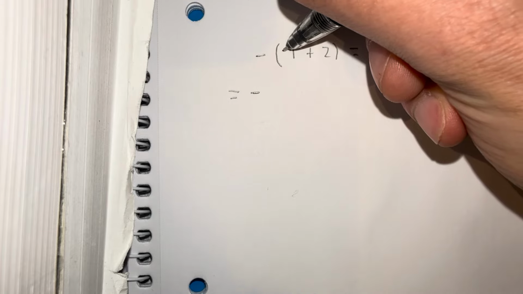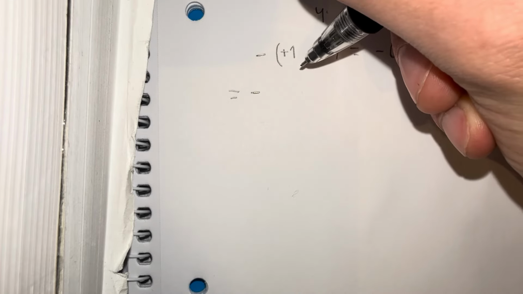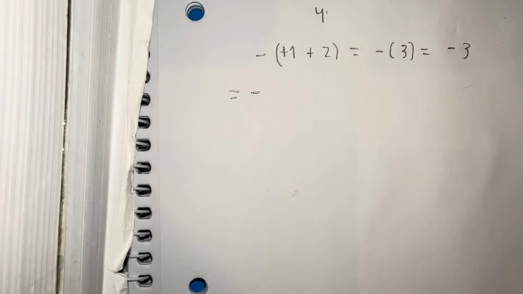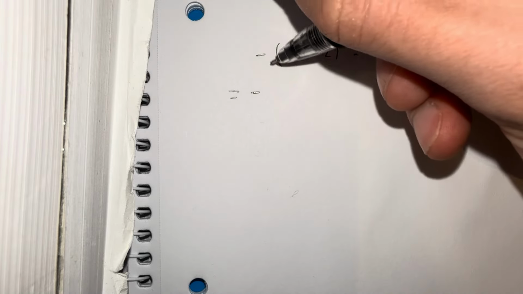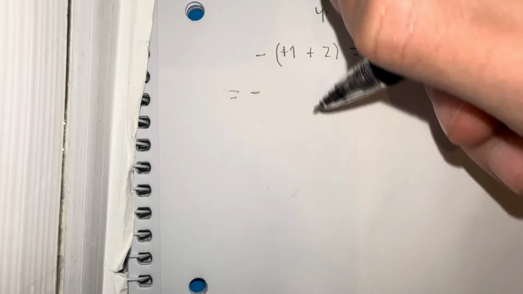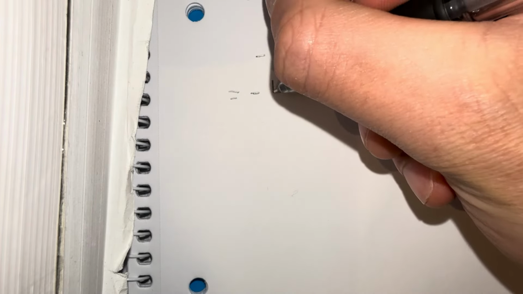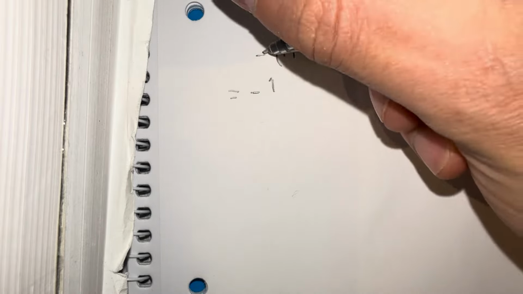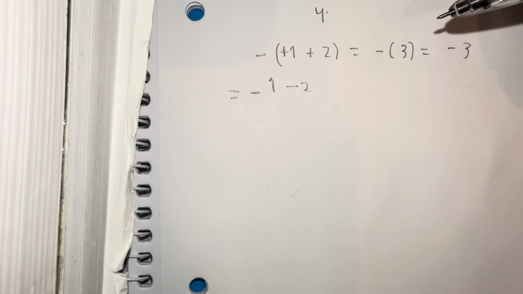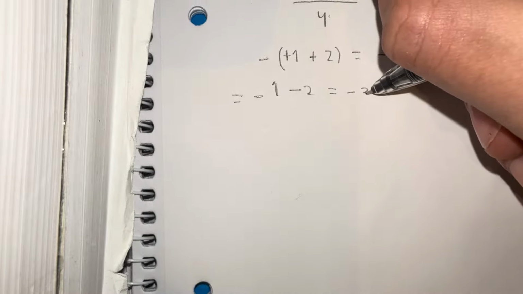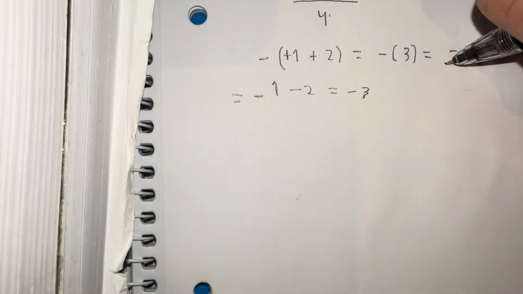Mark that there's a hidden plus here. We don't typically write plus signs when they're at the start, and a parentheses signals a new kind of start. So negative 1, this is flipped, so negative 2, negative 1, negative 2, negative 3. The same thing we got up here.